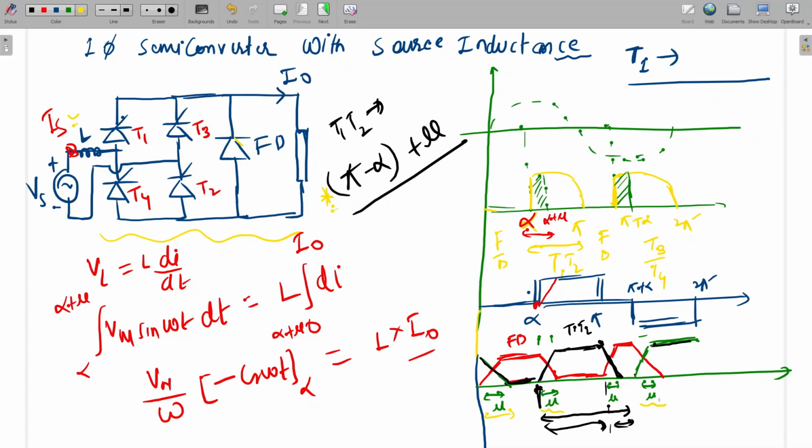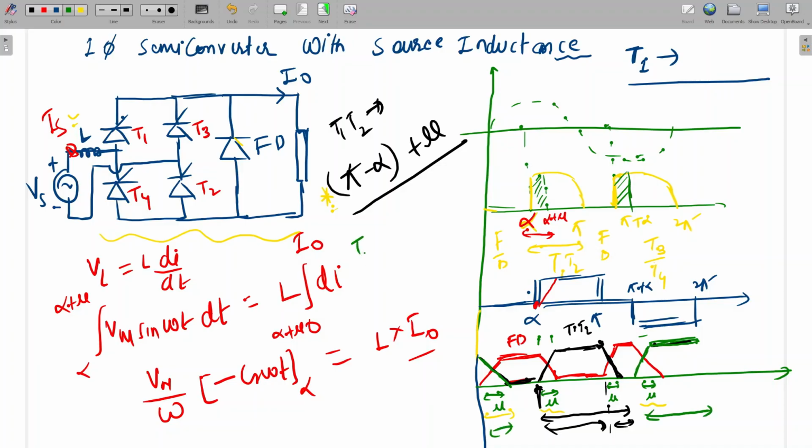So T2 also, if you see T2 T3, this green color is T2 T3. It is starting from pi plus alpha up to 2 pi. Again at 2 pi it will start decreasing, so that waveform I have drawn here. So here to here, how much? Pi minus alpha plus this mu.